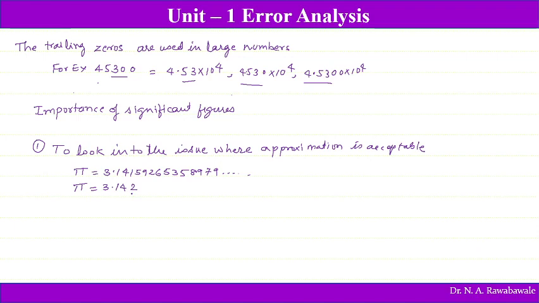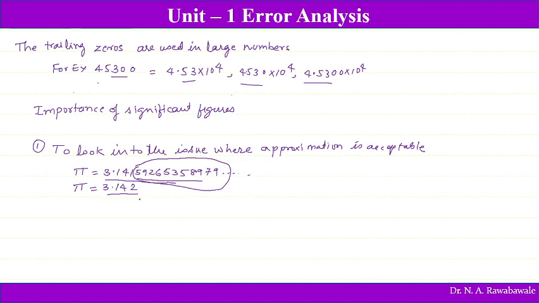So significant figures enable us to use it with confidence, so that instead of this lengthy number, we are using a short number. We are going to truncate the other decimal places, and only up to 3 decimal places we are using with confidence. So this is the role of significant figures. The omission of the remaining significant figures is called round off error.